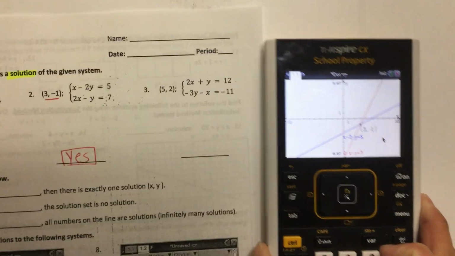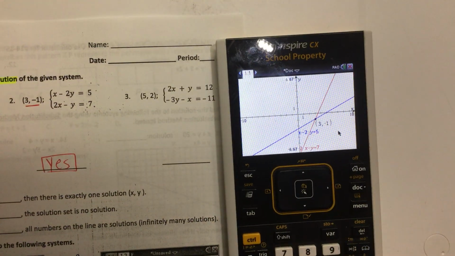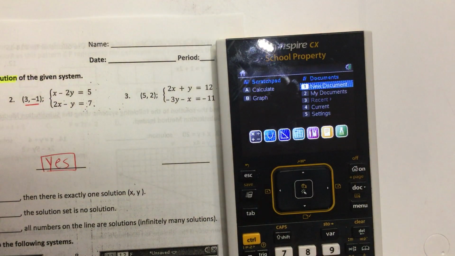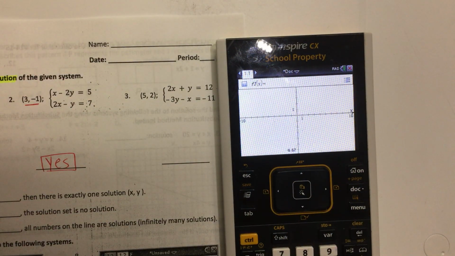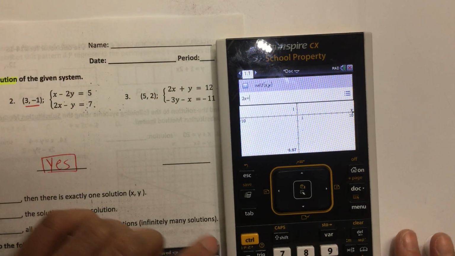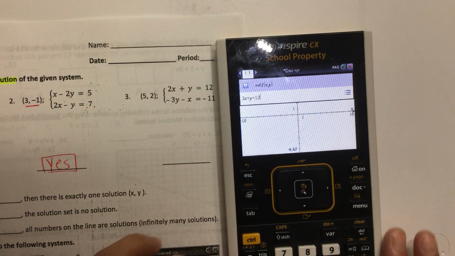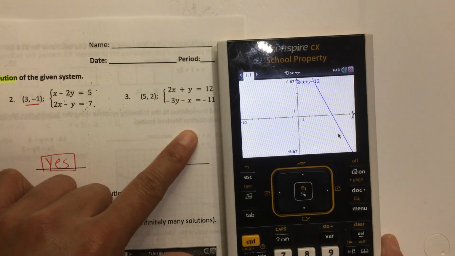And last, number 3. We'll graph the equation in the calculator and check if this is a solution. So if we open up a new document, choose number 2 for add graphs, delete the equal sign, choose number 6 for relation, type the equation. 2x plus y equals 12. Enter. Graph the second equation by pressing tab.